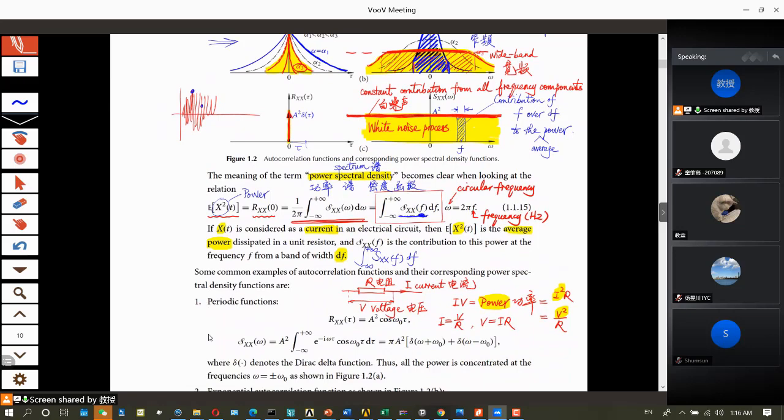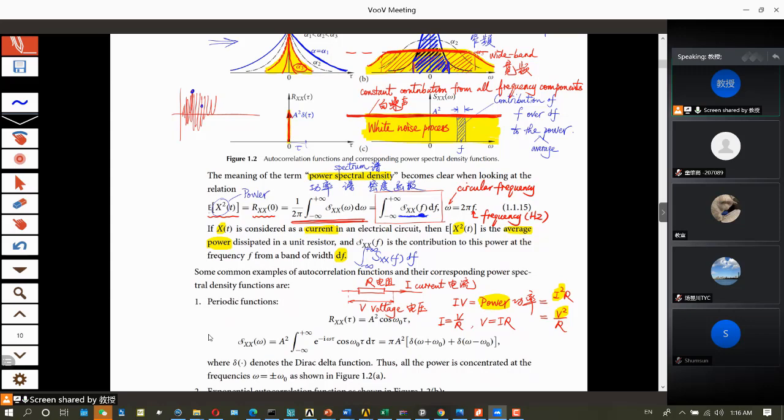Last time we explained why we call Sxx power spectral density, because it is related to the expected value of x squared. If x is a current or a voltage in an electrical circuit, x squared is related to power. It's I times V, it's power.